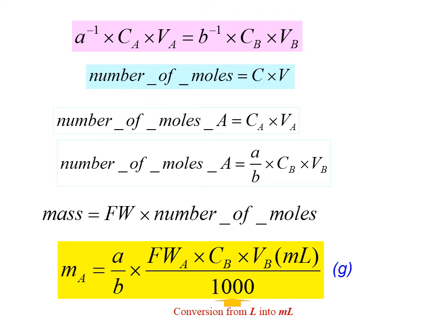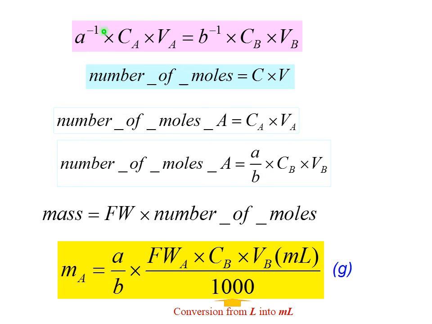Now, if I want to know how many moles and how many grams of my analyte are in the titration flask, again, the number of moles is concentration multiplied by volume.